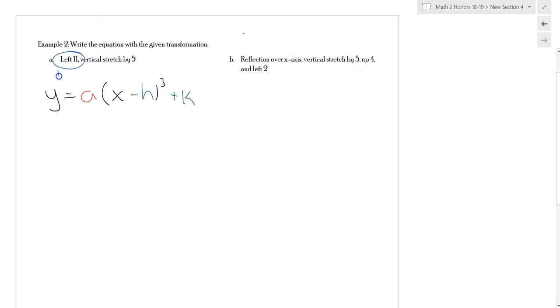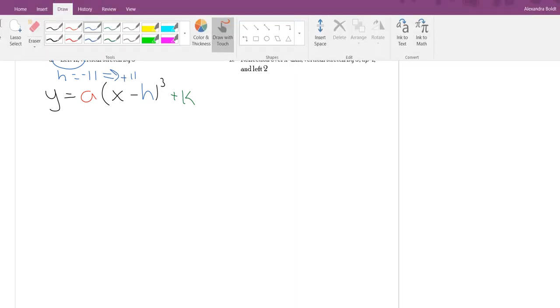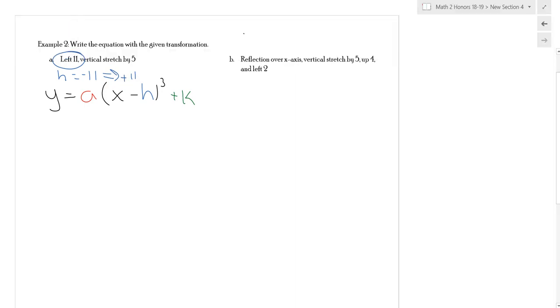Left 11 tells me h equals negative 11. And I can already change the sign then. That's going to be plus 11. Vertical stretch by 5 tells me a is going to be 5. I know nothing about k, so I don't have to worry about it.